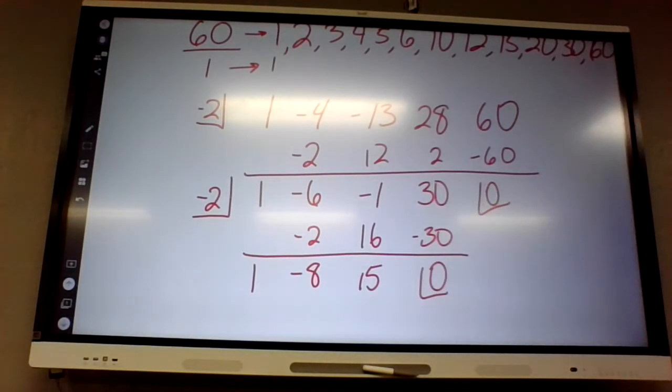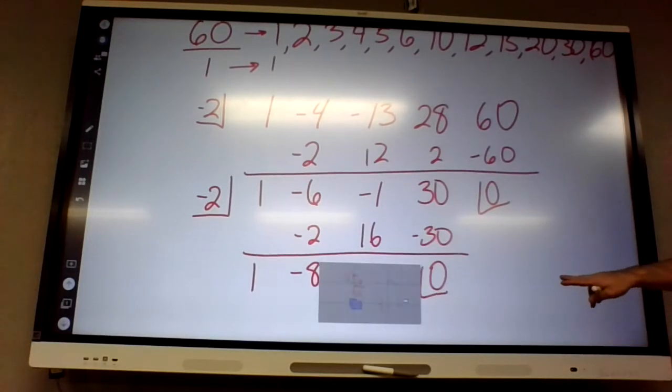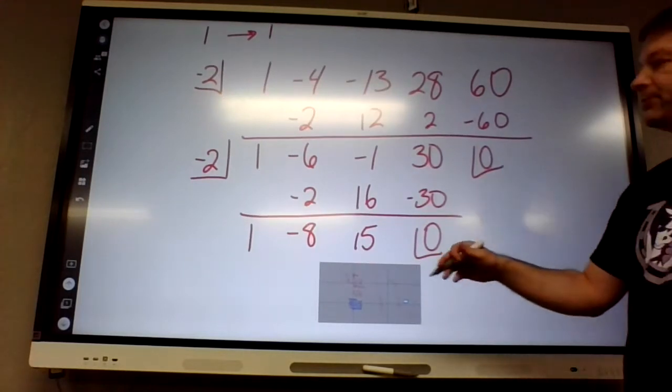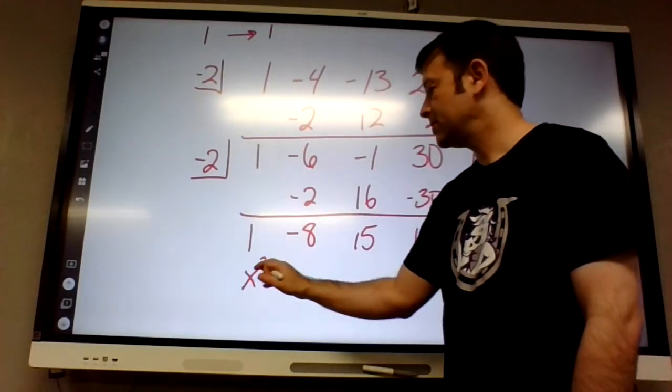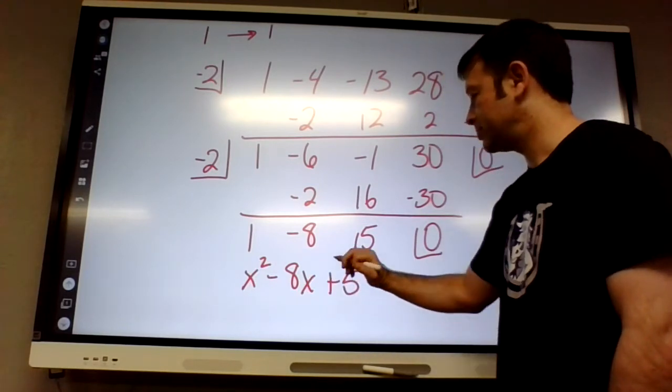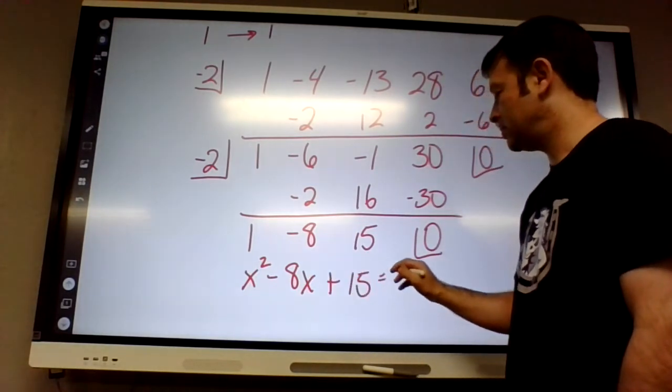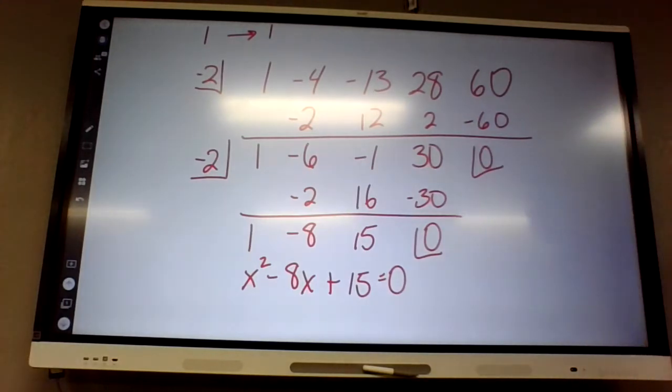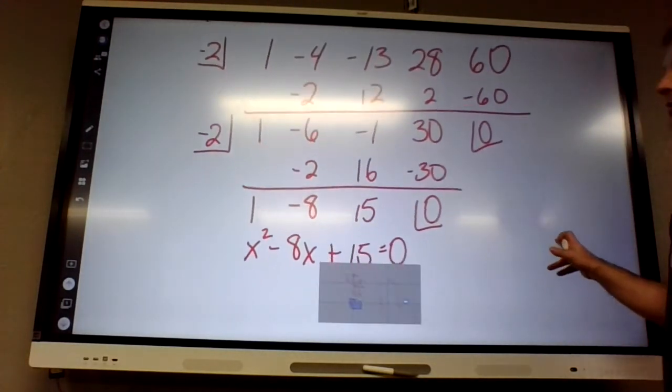So -2 is like an answer twice. It's called a double root. But the good news is, to find my last 2 answers, I'm down to a quadratic equation. So I can factor or use the quadratic formula to find the last 2.